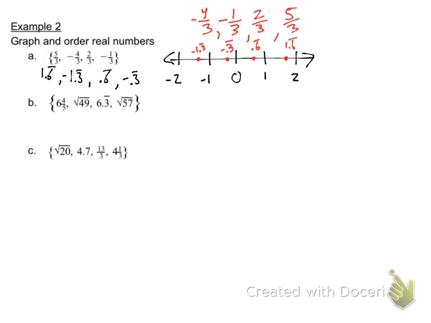One thing I want to highlight, though, is right here. What is 6 4/5? Kathy? It's a mixed number. I don't like mixed numbers. How do you convert those to improper fractions?